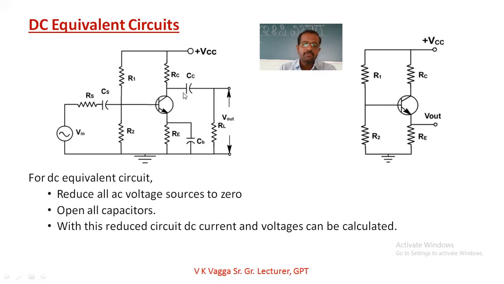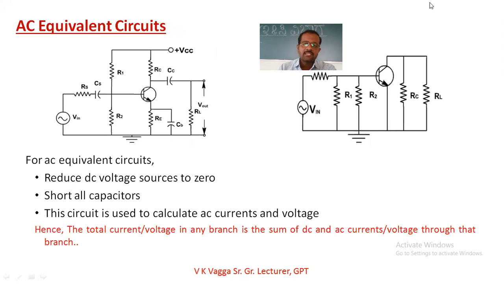In the same way, if this capacitor is open, it does not have a connection with the load here, so it is also neglected. You can consider only VCC, R1, R2, RC and RE. So this is VCC, R1, RC, R2 and RE, and in this way the circuit is considered. In this way you can obtain the DC equivalent circuit.